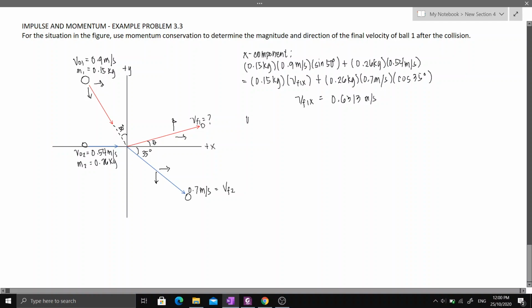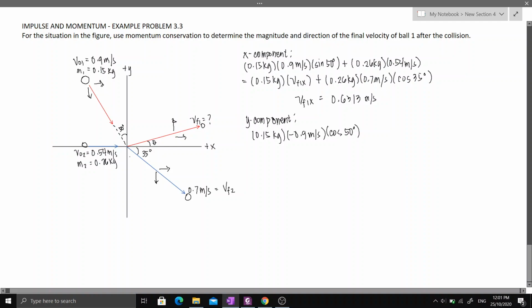For the y component, we have again 0.15 kilograms times, since the component of this velocity is downward, so we will write negative 0.9 meters per second times cosine 50 degrees.